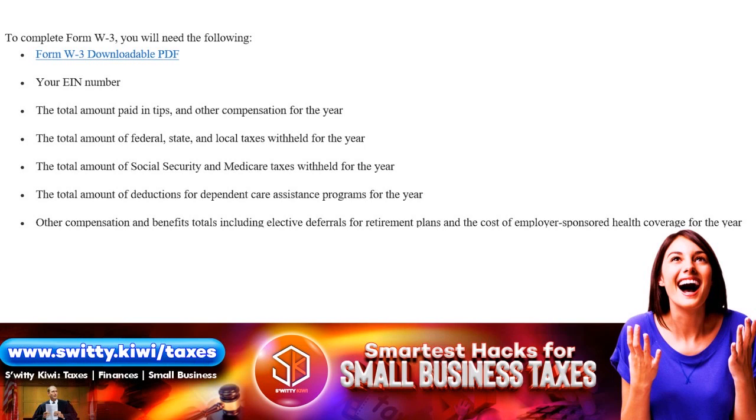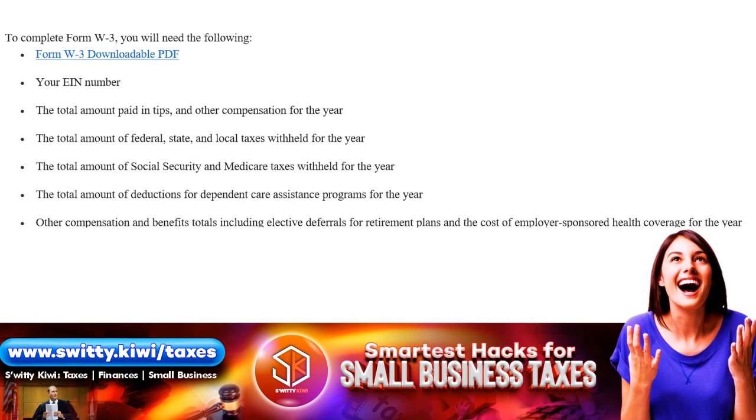You also want to mention the total amount of Social Security and Medicare taxes withheld for the year, so we're speaking here about a window of 12 months. And the total amount of deductions for dependent care assistance programs for the year. Whatever you put on your Form W-2, you have to transfer that on Form W-3.